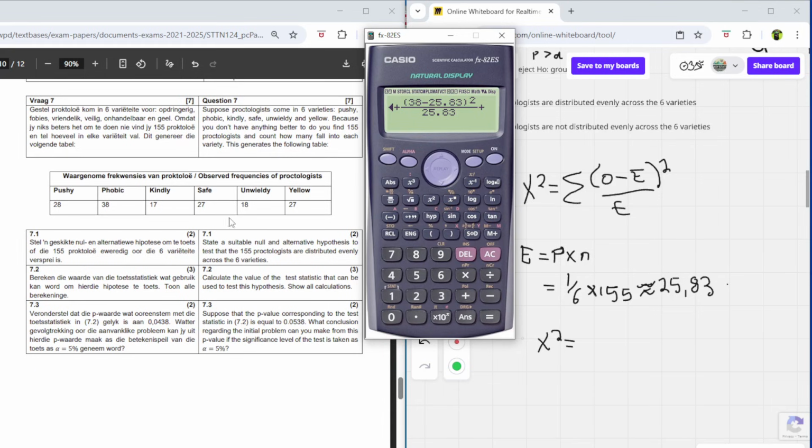You do this for all. Then we have 17 minus 25.83, squared, over 25.83. And then you do the next one.